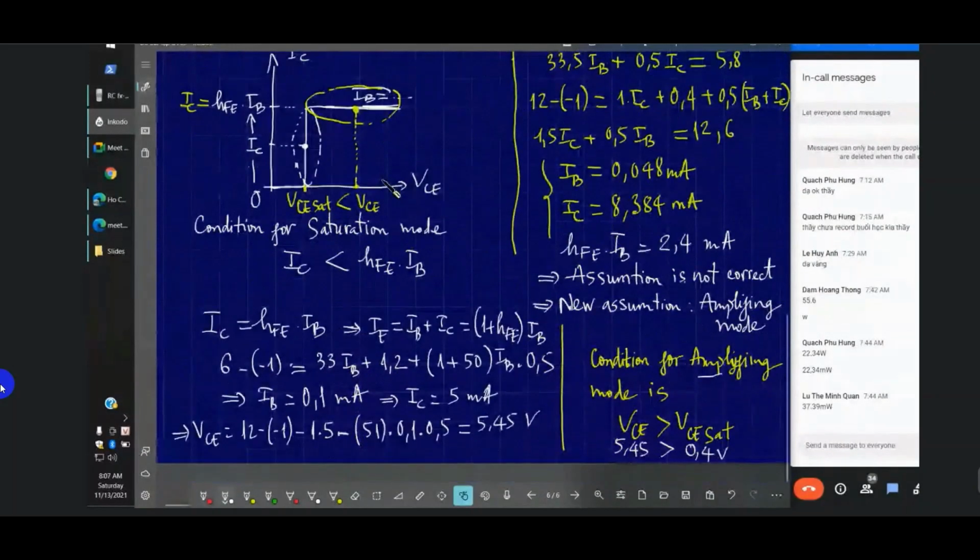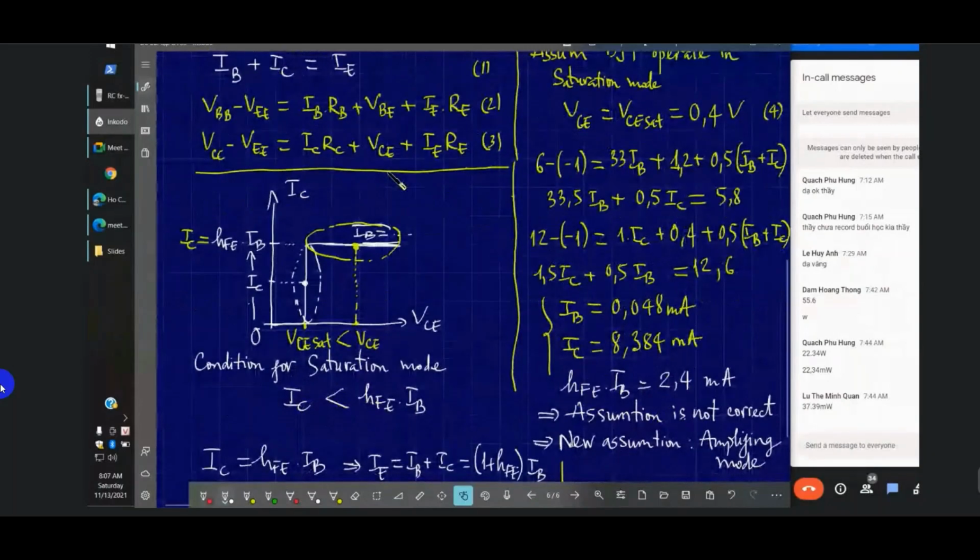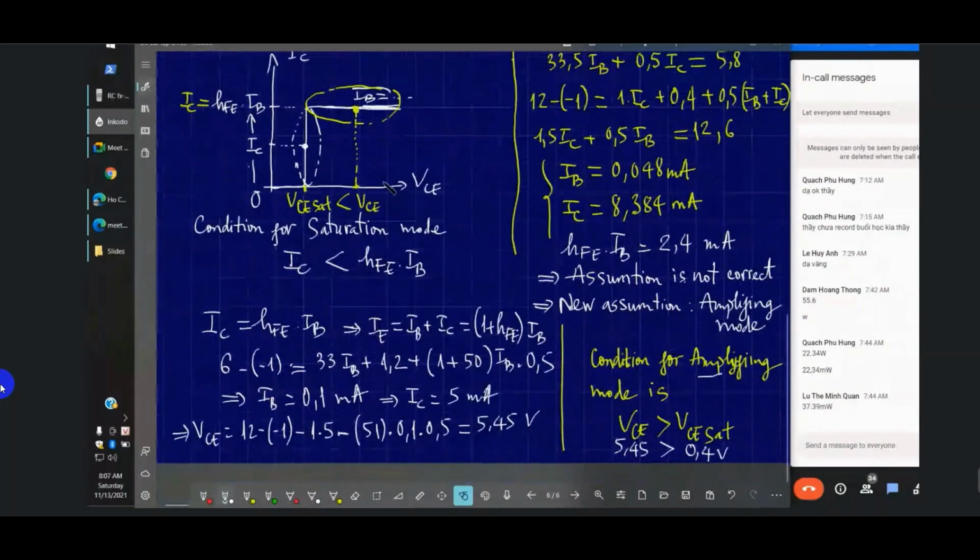Okay, so now we take the calculation for the power dissipated by the transistor. Okay, so let's say I need to erase it a little bit.